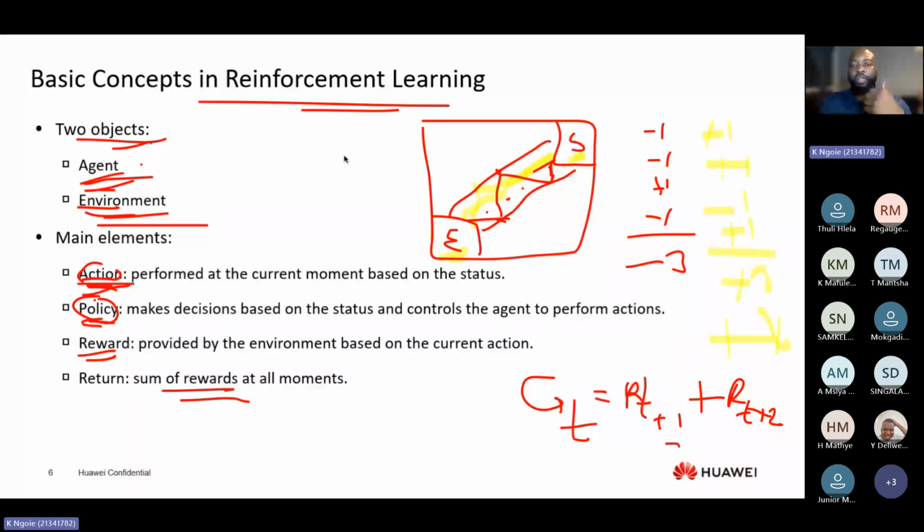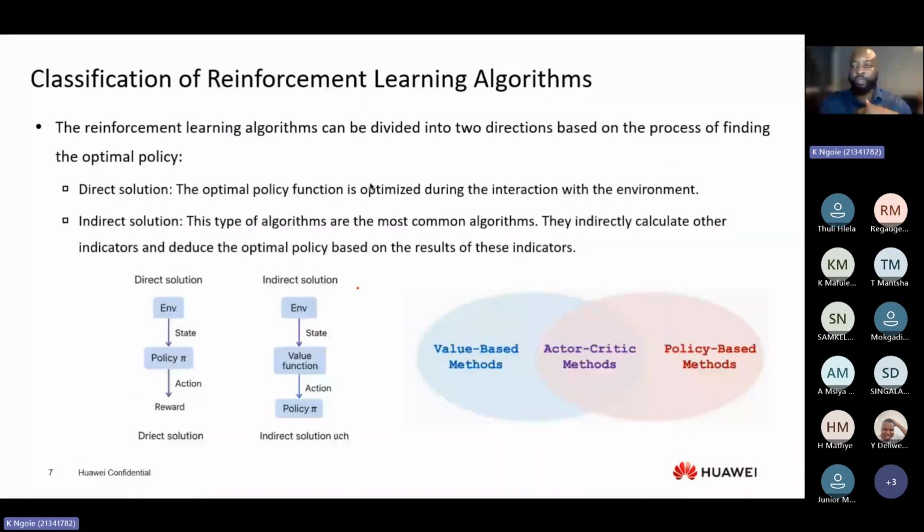So the algorithms will be classified. We're basically going to classify reinforcement learning algorithms into 2 classes: a direct solution and an indirect solution, right? It's classified based on the policy that we are using. What does it mean?